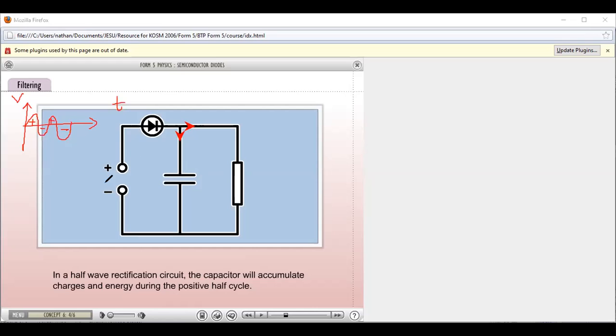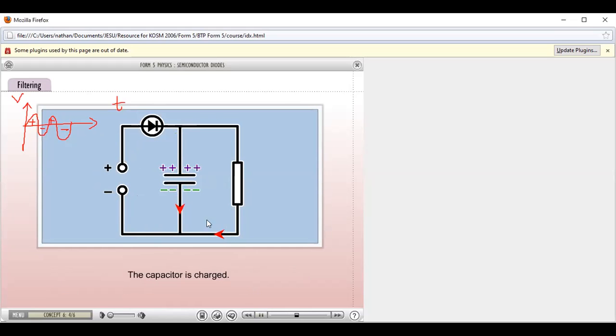Now during the positive cycle, the current will pass through the resistor and also charge the capacitor. So during the time when this one is positive, the capacitor will be charged, and there will also be current passing through the resistor. That means the current in the resistor is supplied by the power supply. Now what happened during the negative cycle?